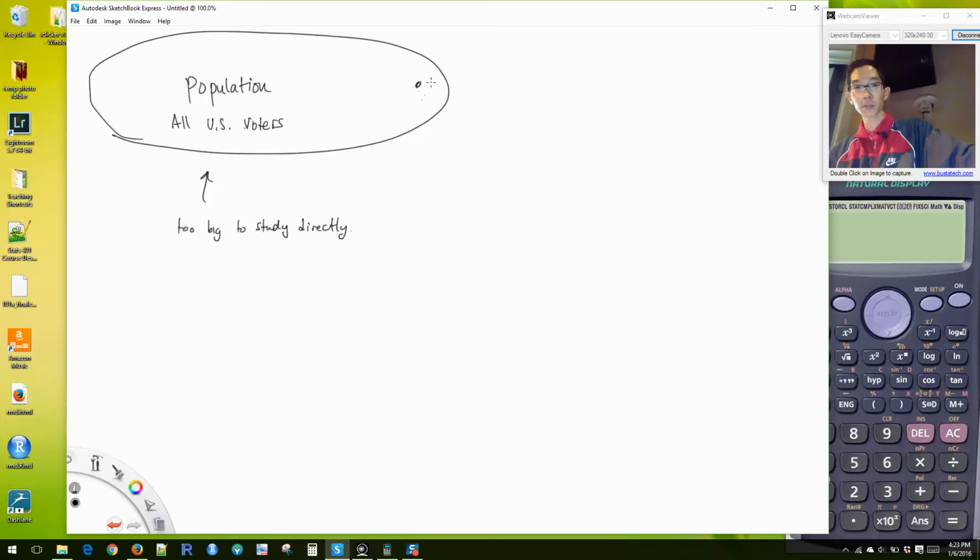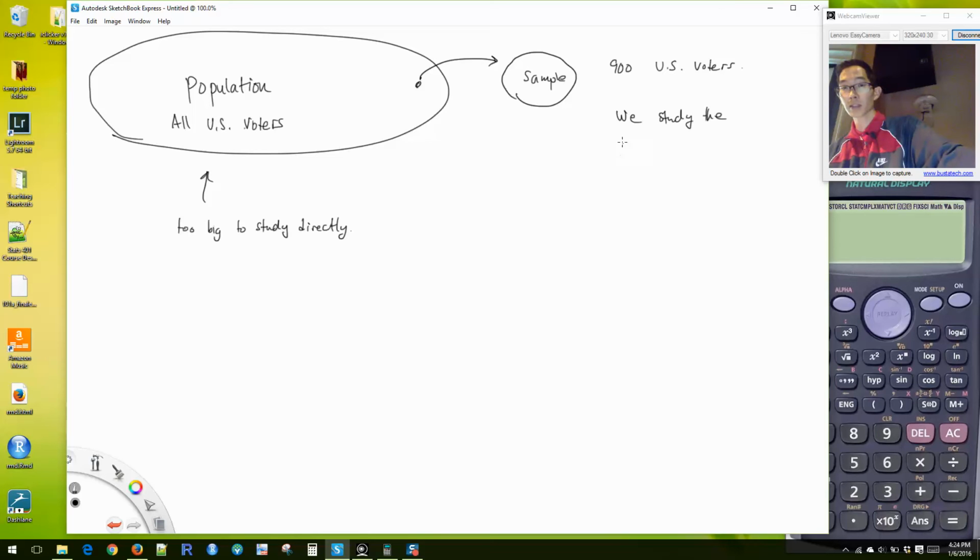And so what we do is we just take a little piece out of the population, okay, and this is called a sample. Maybe this is 900 US voters. Okay? And so what we do is we study the sample. Okay? And based on what we see in the sample, we can then make conclusions about the population.